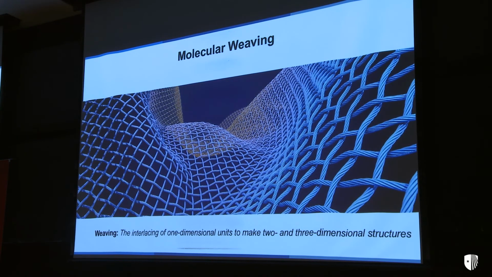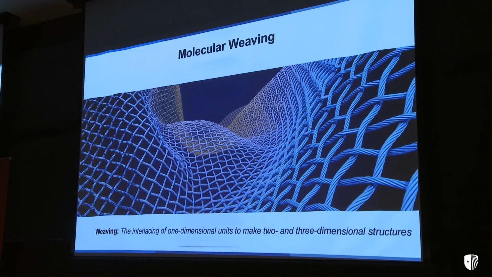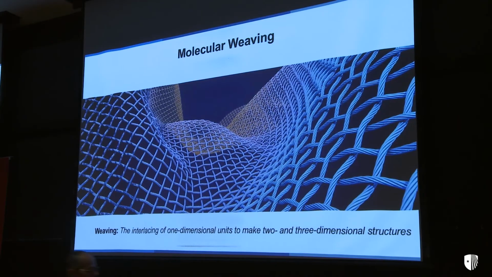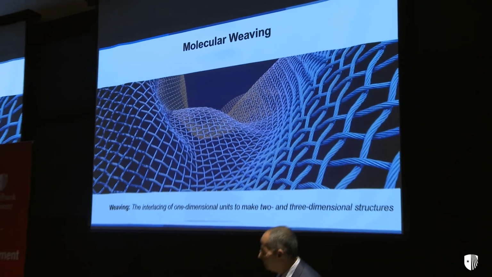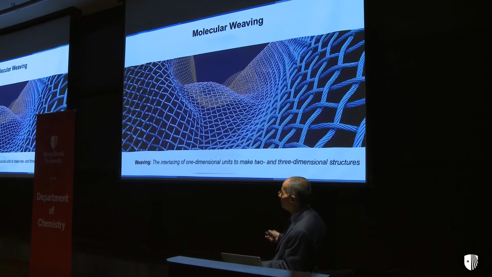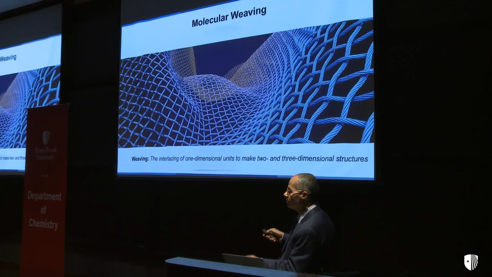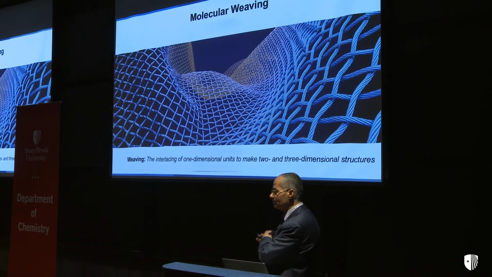And the student immediately said, of course, it's already been done by Jean-Pierre Sauvage. And of course, I knew that. So anyway, the idea here is to be able to interweave on the molecular level threads of organics in an ordered way. There's no way to do that.